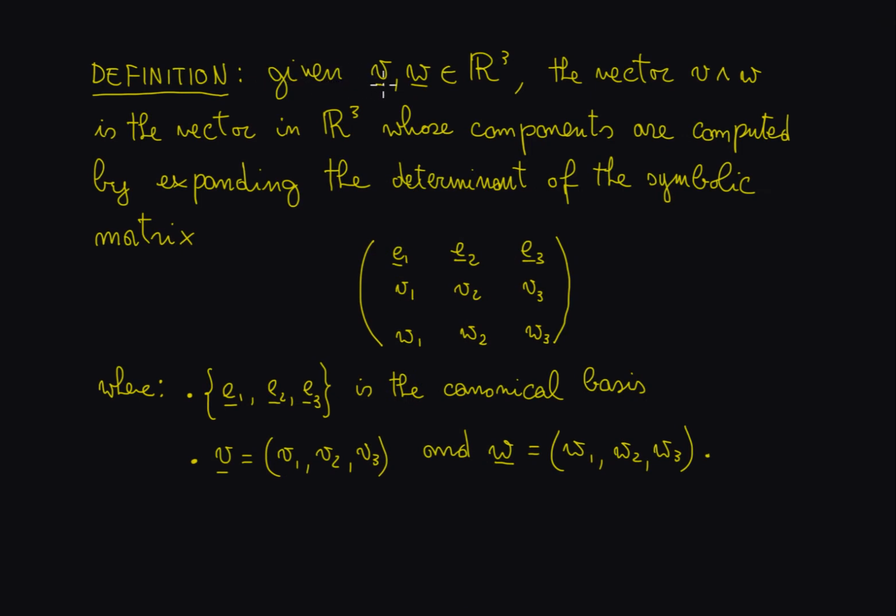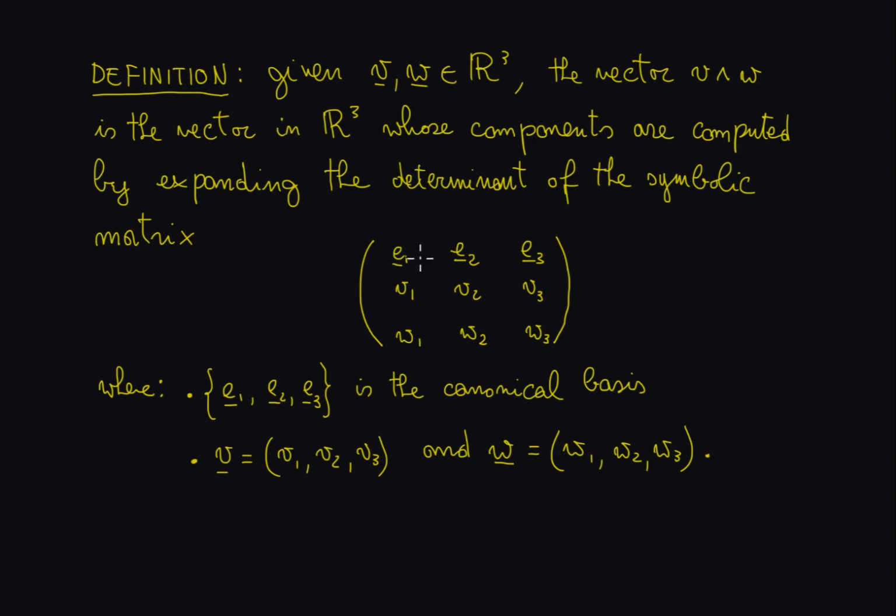Definition: given v and w in R3, the vector v wedge w is the vector in R3 whose components are computed by expanding the determinant of the symbolic matrix. It is a 3 by 3 matrix. The entries of the first row are not scalars.